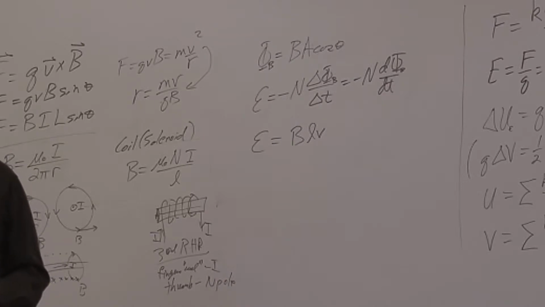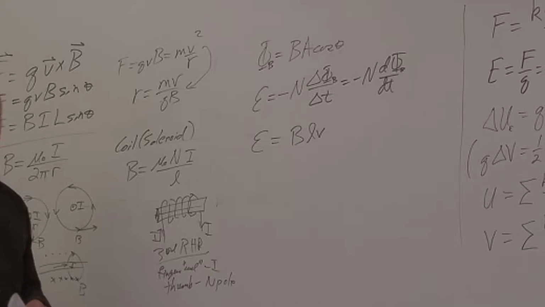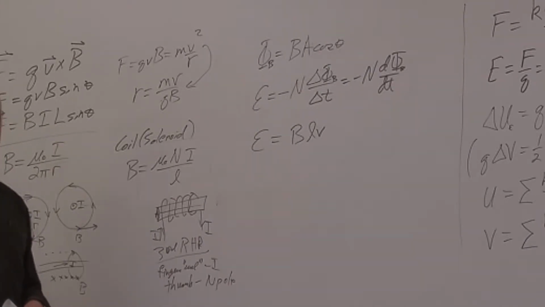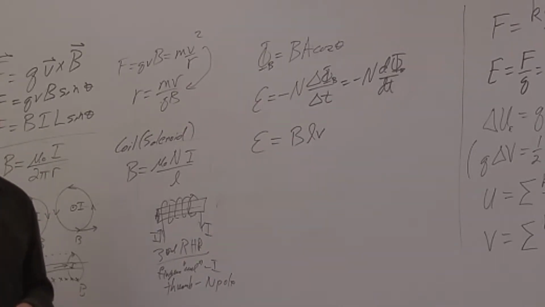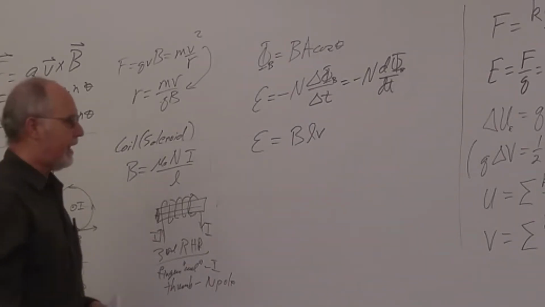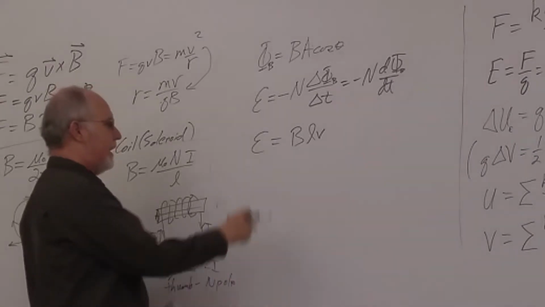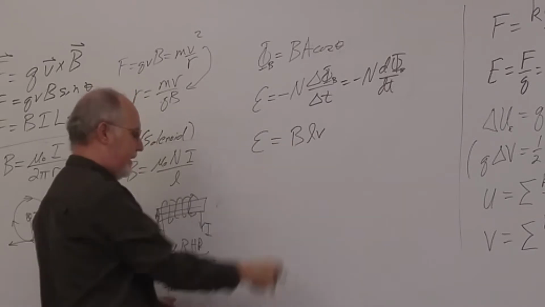There's an induced voltage on it. And depending on which way it's moving and which way the Earth's magnetic field is, you get either top positive and bottom negative, or vice versa, or maybe the front side of the antenna positive and the back side negative. So it depends on which way you're looking at that. So we got that for just a certain length moving at a certain speed through a magnetic field.